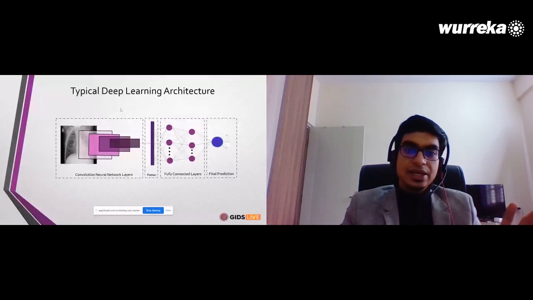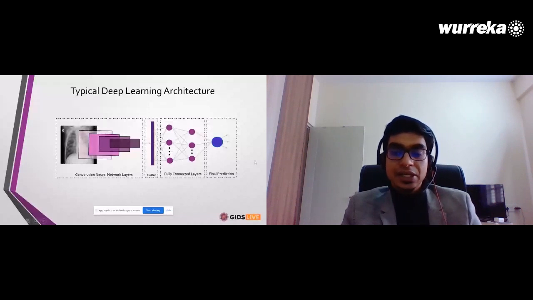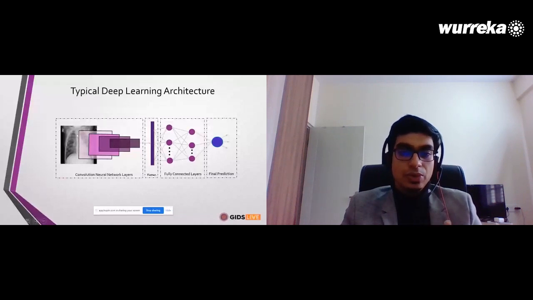So as I said, this is how a typical deep learning architecture would look like. We have an initial set of images, which can be radiographic images like this. Typically, to get to the final prediction stage, we would have a few layers of convolutional neural networks, and these layers are responsible for the feature extraction part.